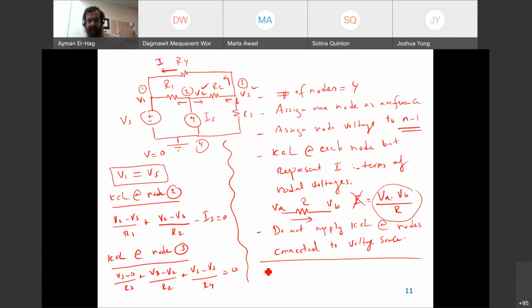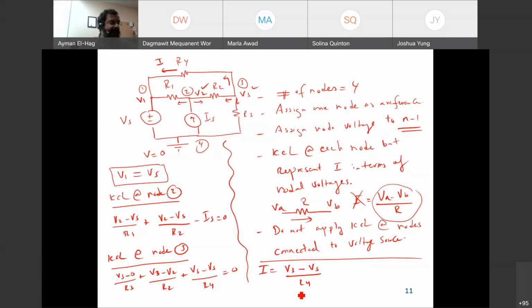Okay, this I is nothing but V3 minus Vs divided by R4, and I know all the node voltages, so I can find this current. So you can find anything in the circuit, but first you have to find every single node voltage. Okay, so that's a summary of what we have covered in nodal analysis.